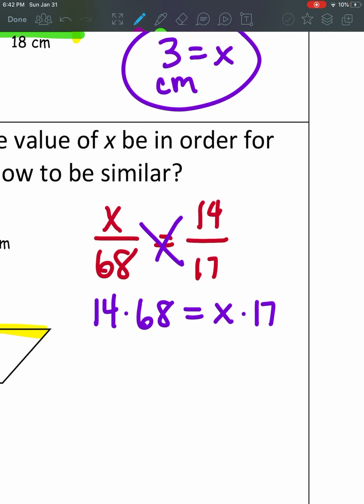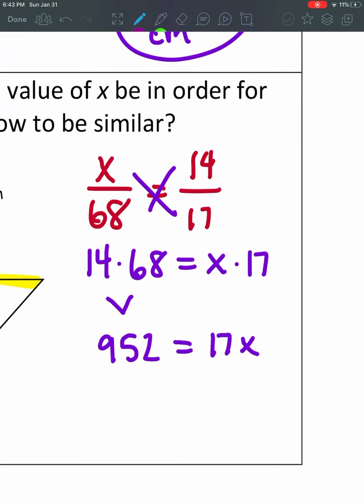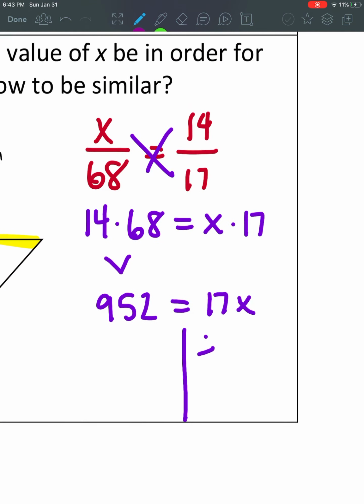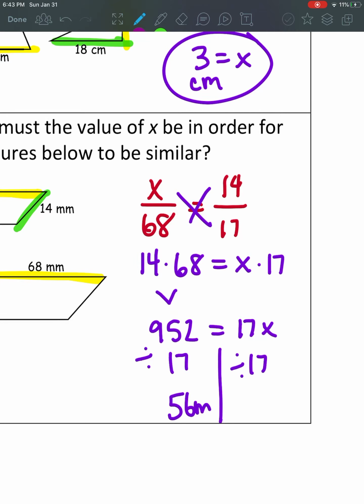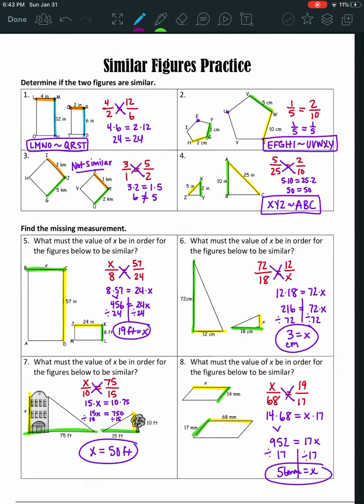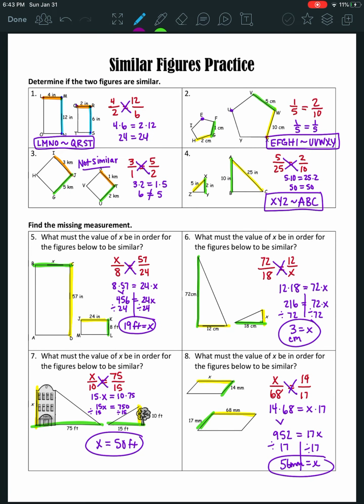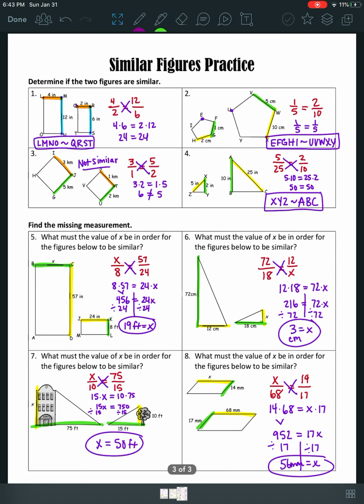Again, if you put x times 17 first, that is perfectly fine, as long as you're just solving an equation once you get here. So I'm pretty sure I typed that in correctly. I'm going to double check here. I just flipped those two, but x times 17 is the same thing as 17x. And then divide by 17, yep. So 56 millimeters is x.